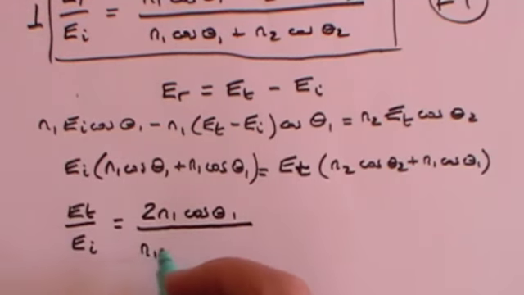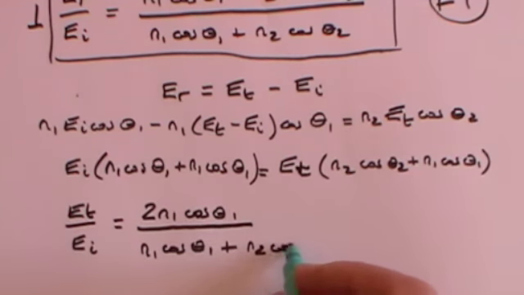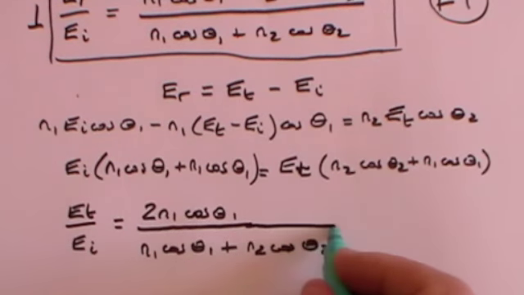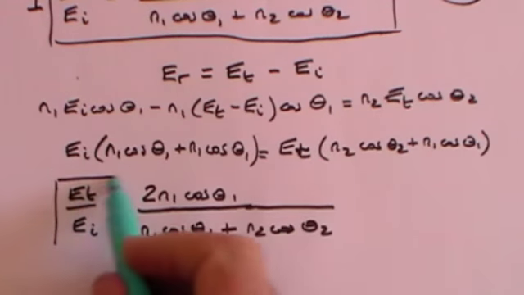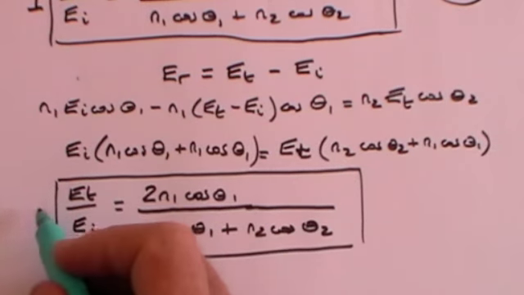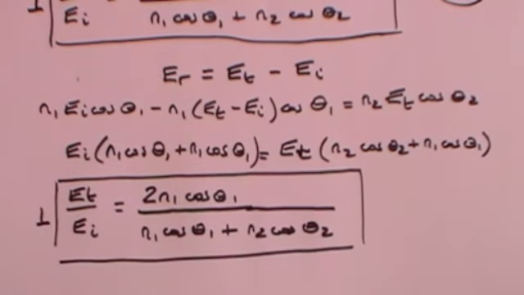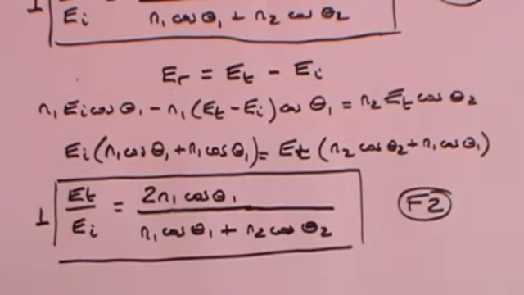That becomes N1 cos theta 1 plus N2 cos theta 2. And that is Fresnel's second equation. We must remember that it relates to the perpendicular value of E. It's the second Fresnel equation, and it relates the transmitted or refracted electric field to the incident electric field.